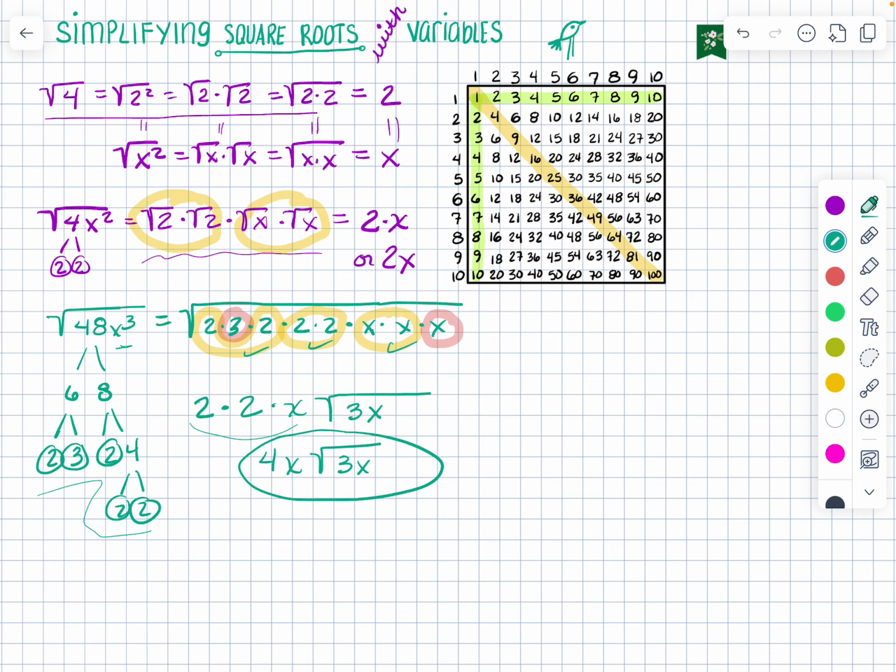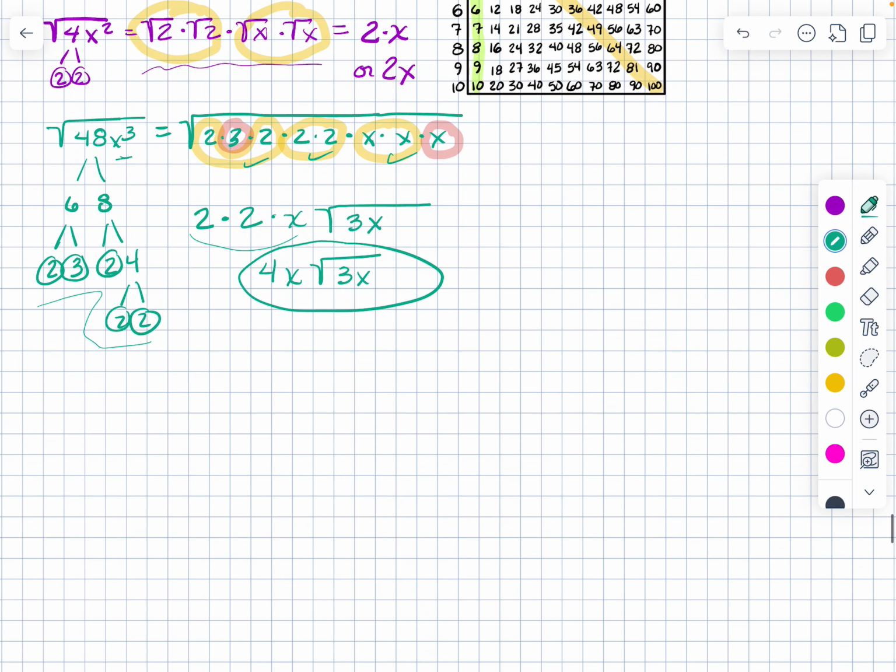All right, let's do another one. Let's do the square root of 125 x to the 4th. Okay, 125 is just 5 times 25, and you may already see that 25 is a perfect square.